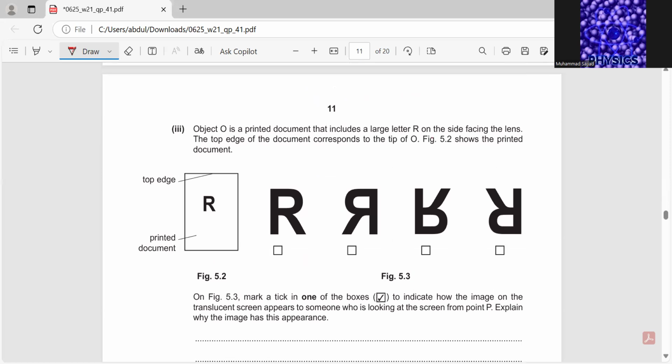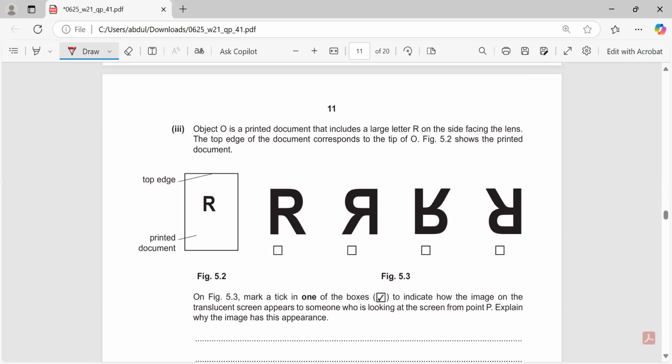Now, object O is a printed document that includes a large letter R on the side facing the lens. The top edge of the document corresponds to the tip of O. Figure 5.2 shows the printed document.